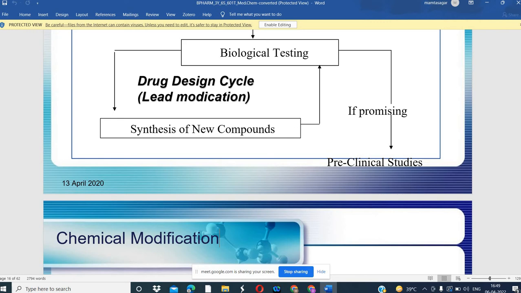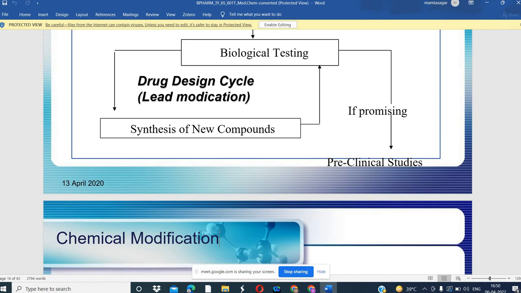Why do we do the chemical modification, lead modification? Because we want to enhance the activity of the lead molecule, so that it can better cure the disease. It should interact with the target molecule, so that it can suppress the target molecule, and in that way the disease will be cured.